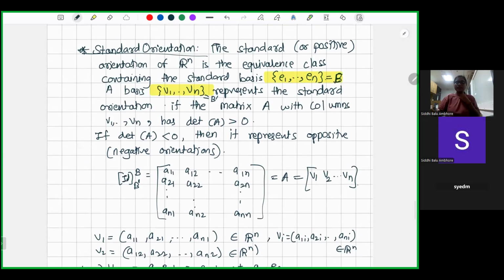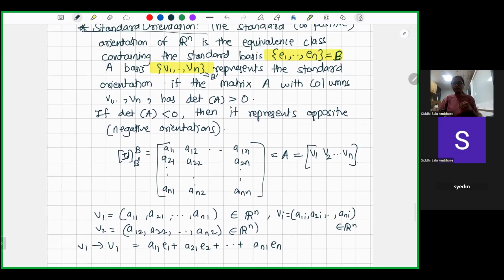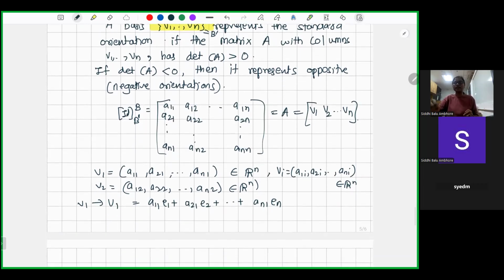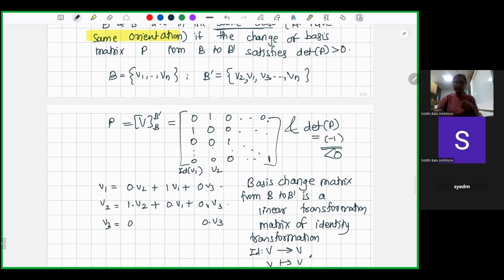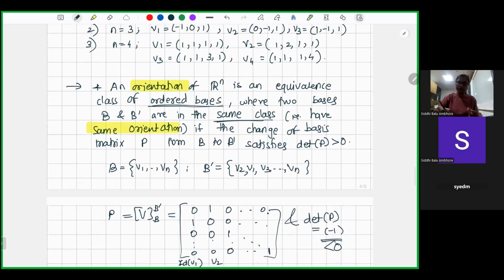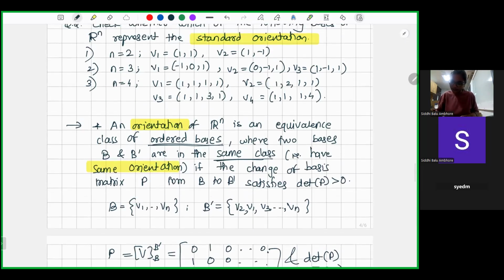And that's what it says. So this is my basis change matrix, right? And the orientation is defined by the determinant of this basis change matrix. This is the main step, right? The determinant of P must be positive.